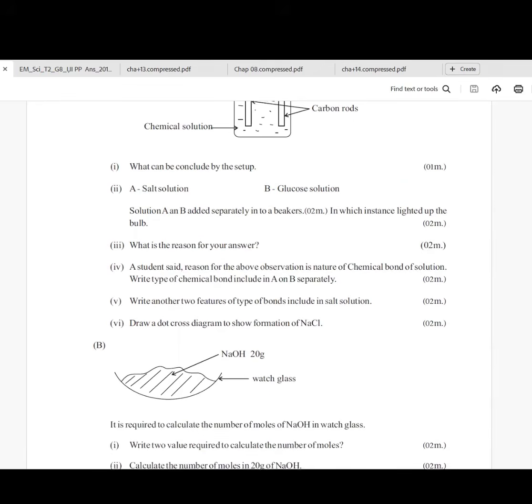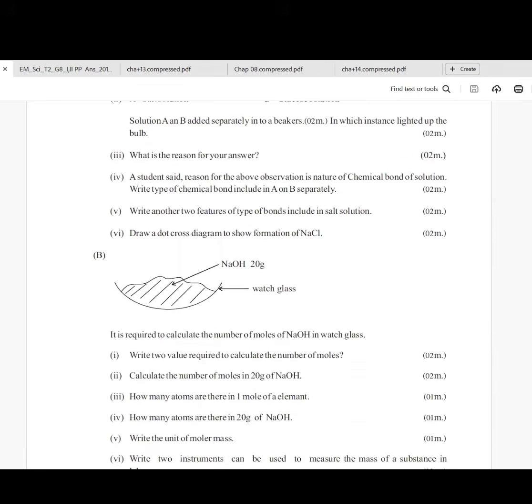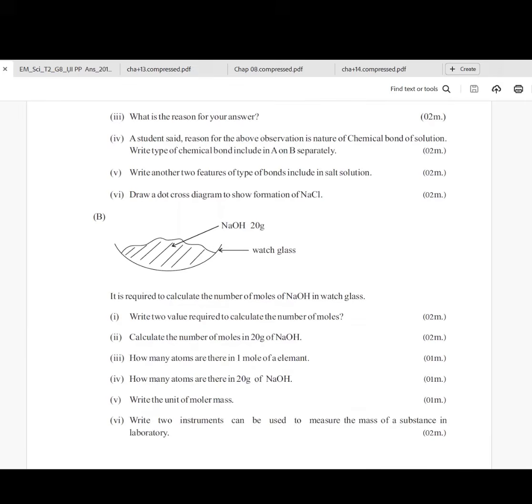Write another two features of the type of bonds included in salt solution. High boiling points. High melting points.